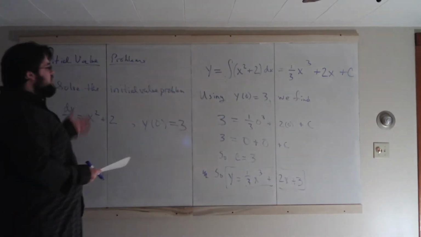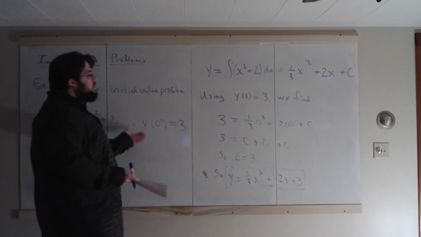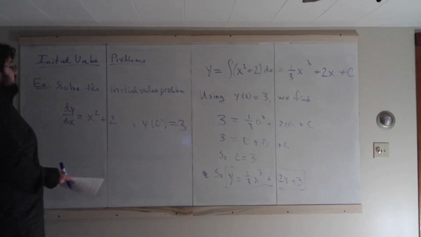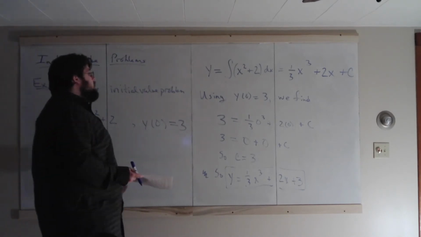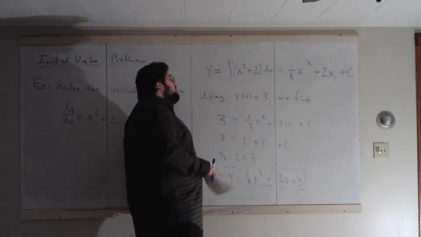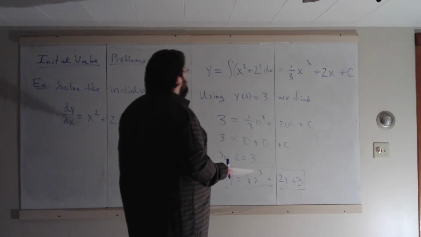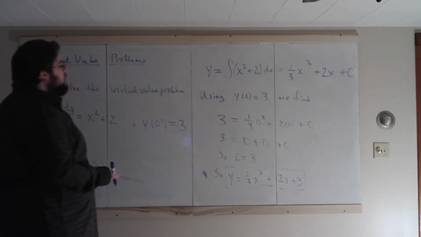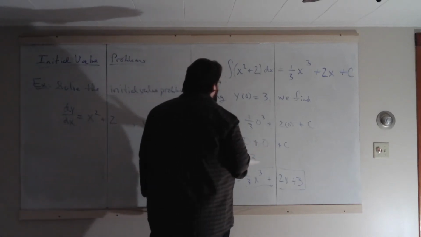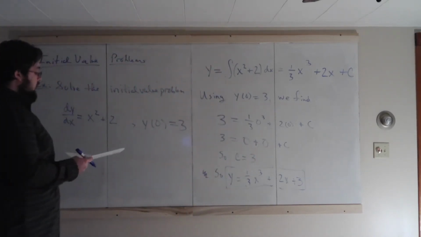So we're given a derivative, and we're given a condition on the original function, and we use that to find the value c. Now notice here, c happened to equal this number. That's not necessarily always the case. Like if we threw an e to the x in there, e to the 0 is 1, and these terms wouldn't all just go away. So you should be a little careful in your solving for c.